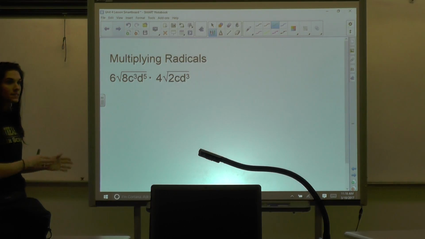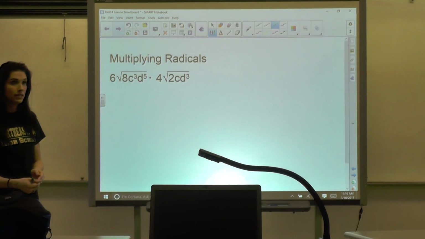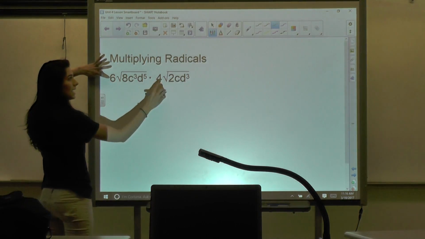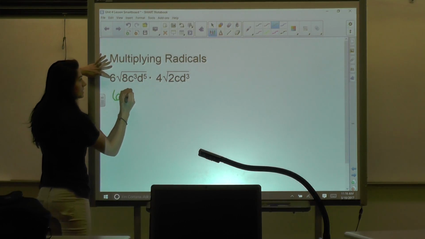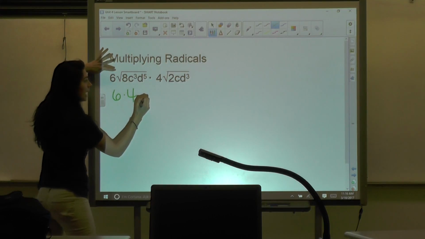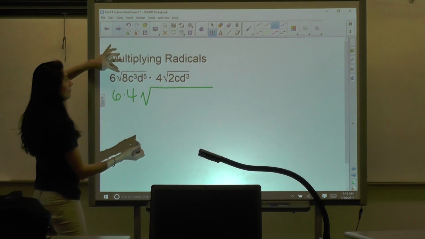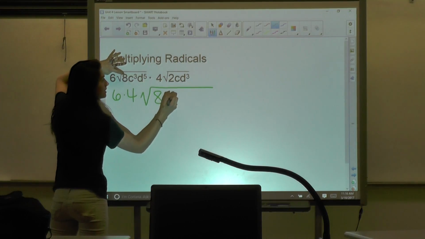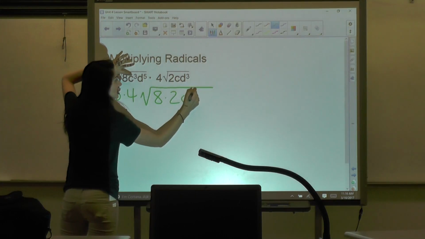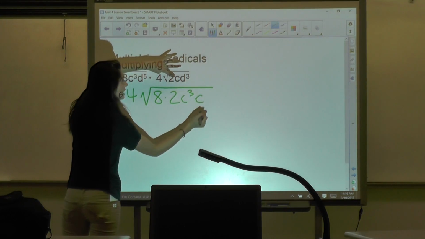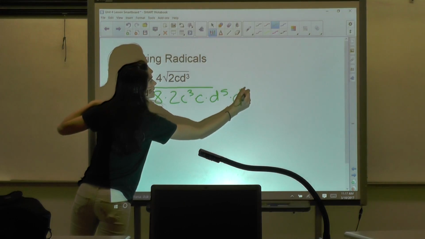Okay, outside times outside, inside times inside. So outside times outside gives you 6 times 4. This is a square root. And we have inside, so 8 times our inside is 2. We have c cubed times c. We have d to the power 5 times d cubed.